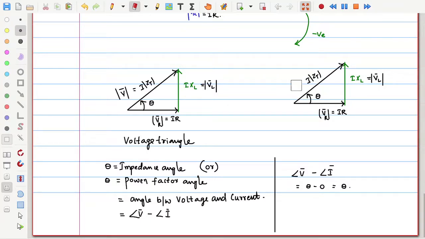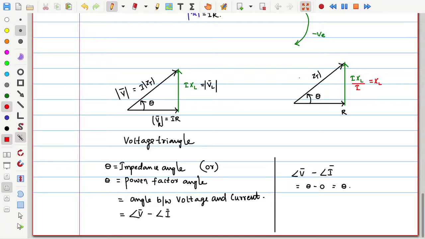If I divide each side of these triangles by current, capital I, what will I get? I will be removed. If I divide this by I, I get simply XL. If I divide this by I, I get R.